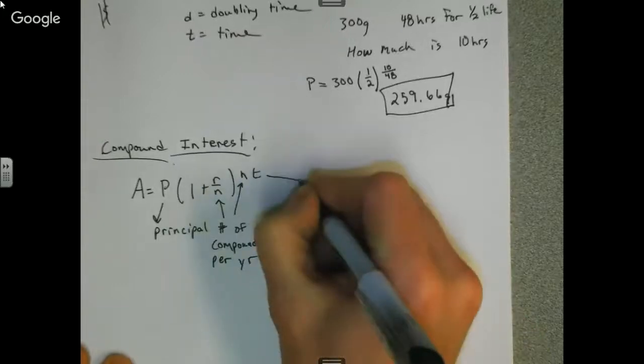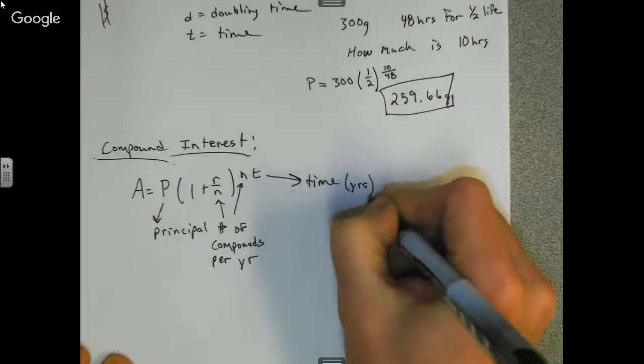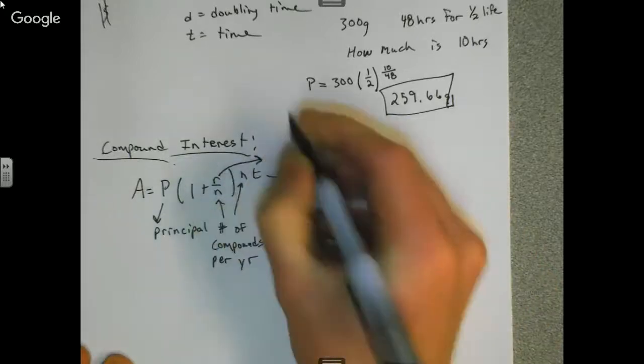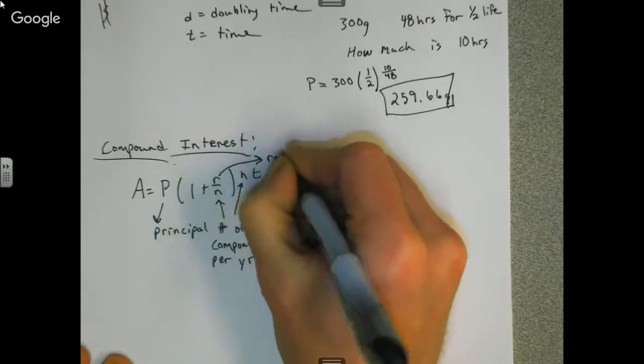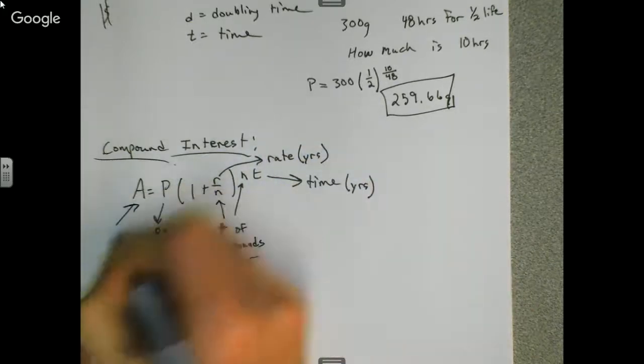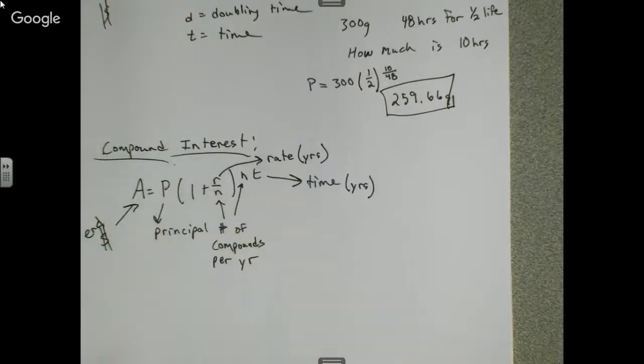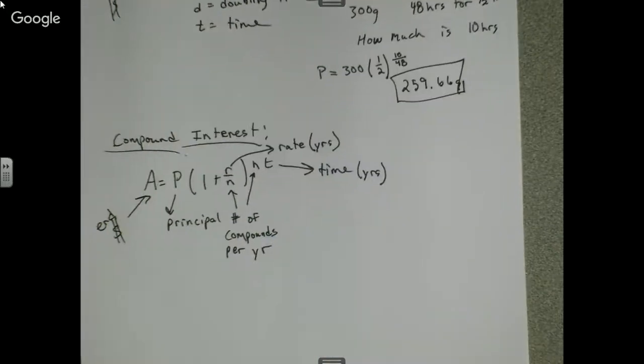T is the time, also in years. R is your interest rate in years. And A is the dollar amount, the ending amount, the end dollar amount. Okay, super simple problems with this.